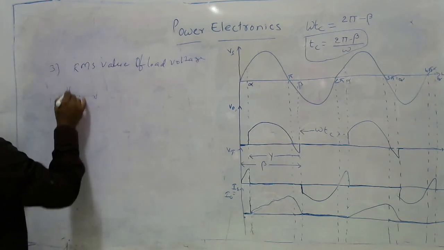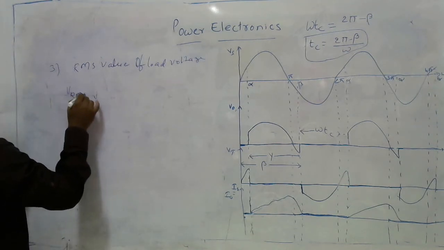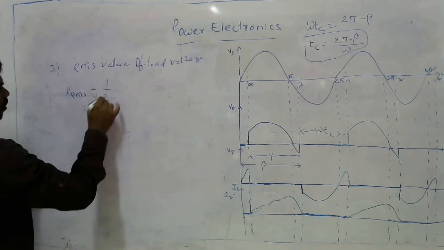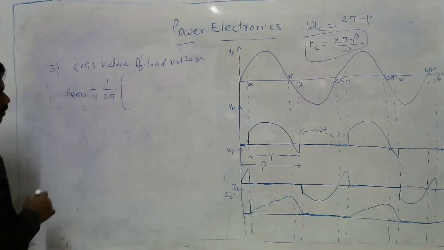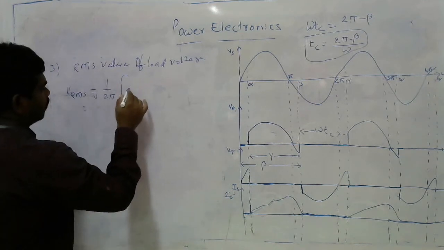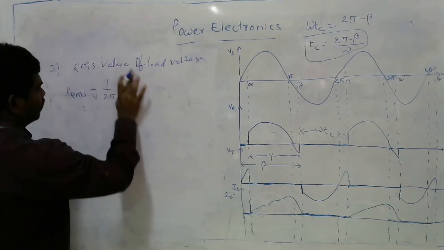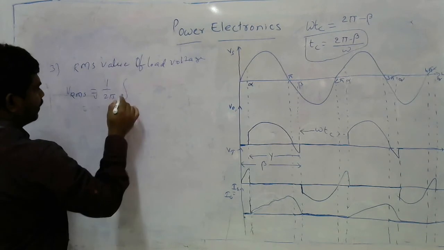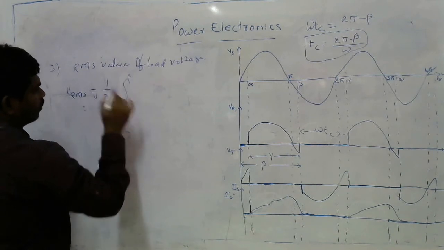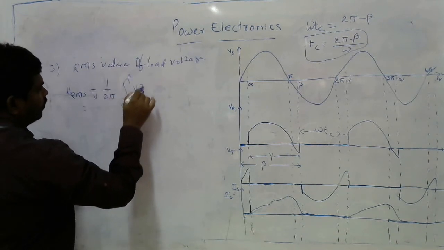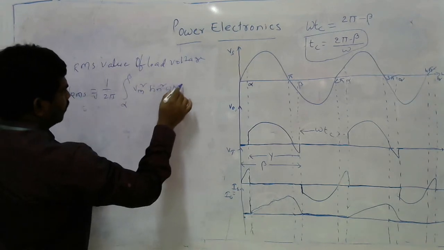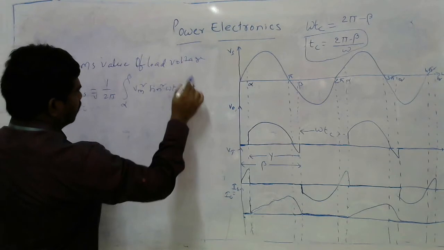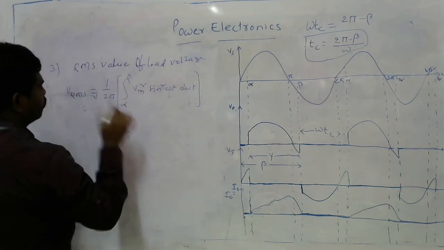Vrms is equal to the square root of 1 by 2 pi integral from alpha to beta of Vm square sin square omega t d omega t.